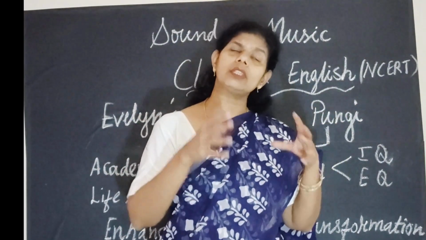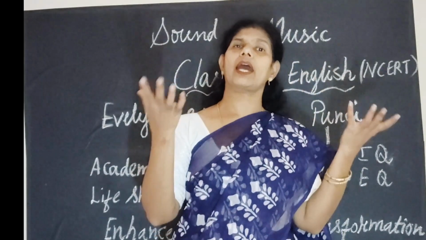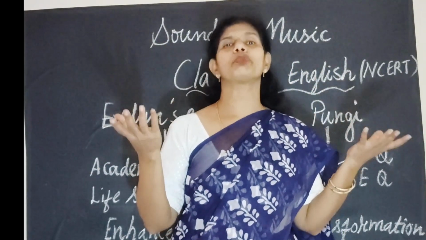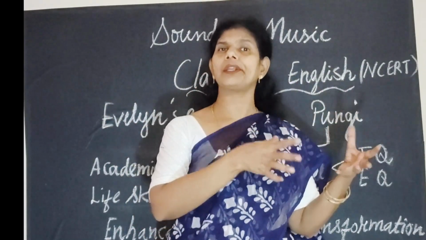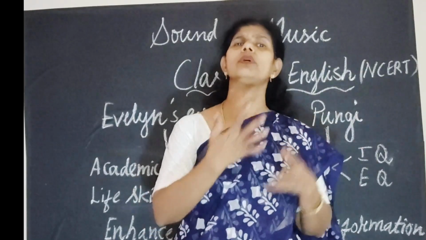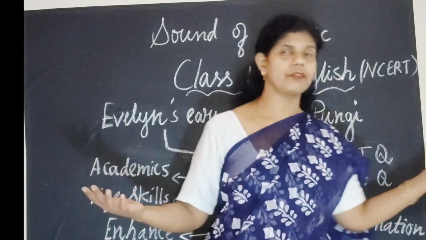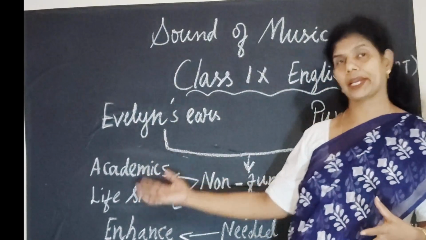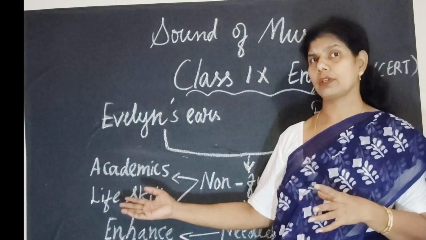These categories we find in our own classes. The academic superheroes who perform very well, and then there is this category of people who do not have the social skills. They always get into trouble. So I have equated IQ to academics and I have equated EQ to life skills.